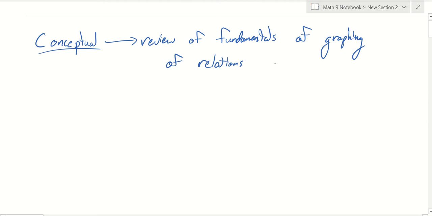Relations between maybe two different measurements. So, for example, if we have two different measurements, let's say a measurement of position and a measurement of time.